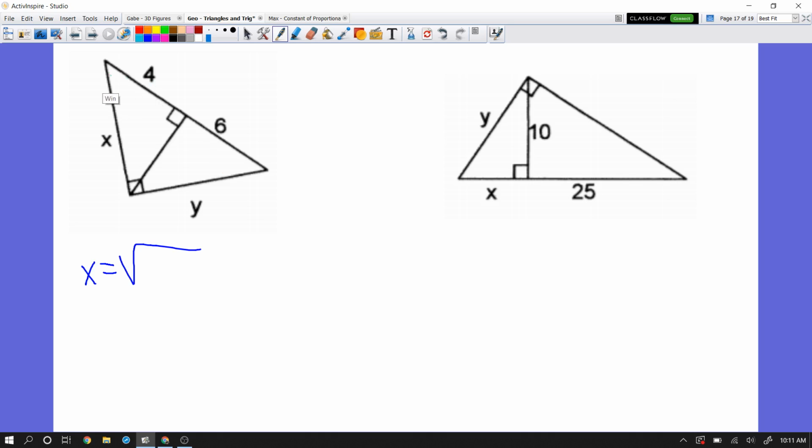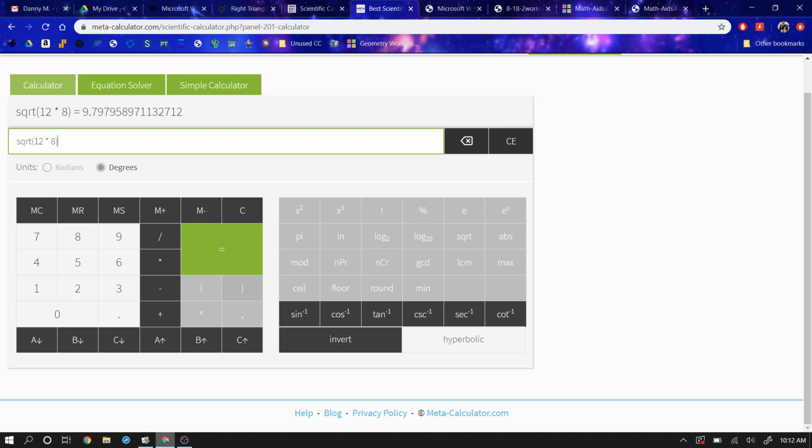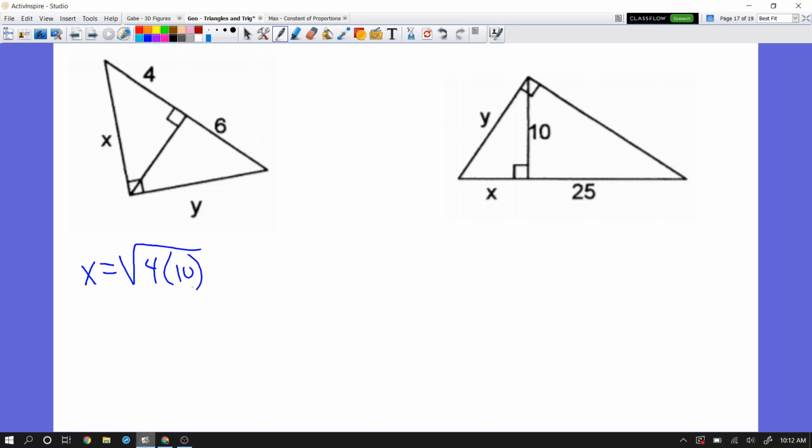Since we're looking for the hypotenuse on x, we're going to be looking at this triangle compared to the entire triangle. So the 4 is going to be compared to 6 plus 4. Let me see what that looks like. 6.3.